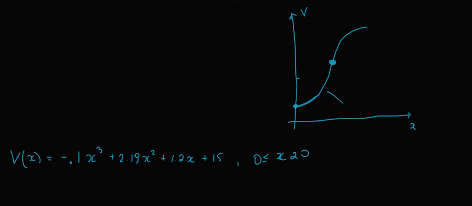So initially, the first segment of our graph right here is concave up. And then the second segment of this graph is concave down. The point where the change occurs is the point of diminishing returns.